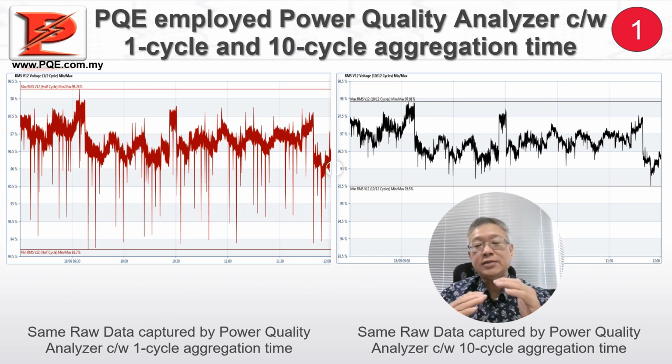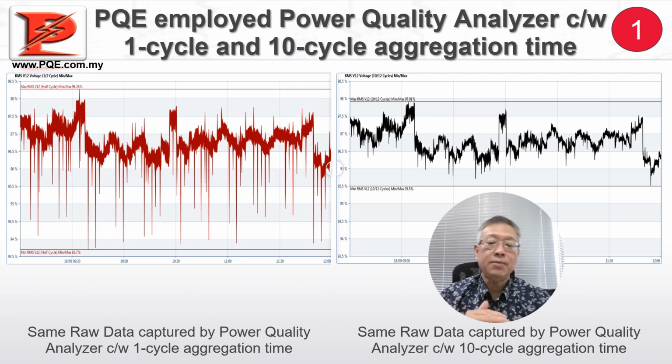Because 10 cycle, as I mentioned just now, dilutes most of the momentary events and averages out the PQ events, and it gives you a much narrower bus voltage fluctuation window as compared to single cycle. But for plant improvement, of course, we need to know what's actually happening in the plant. Then we need to have a single cycle.